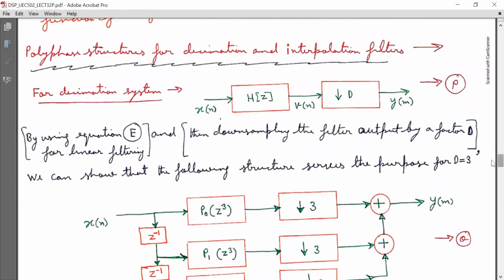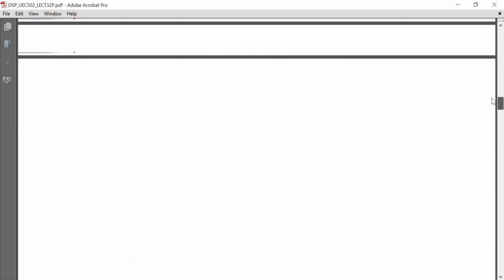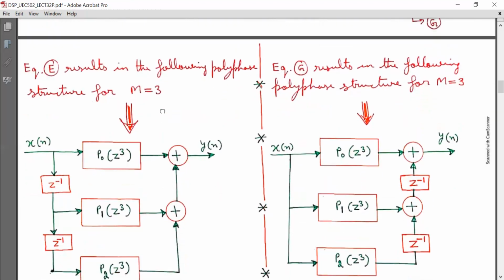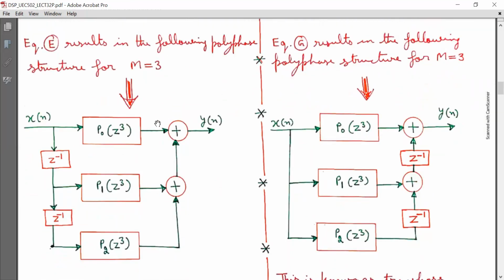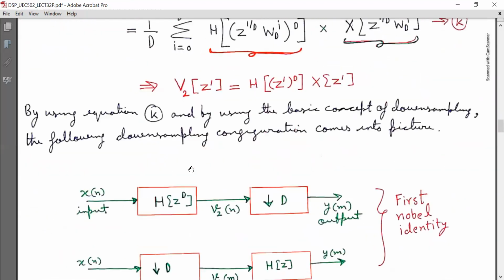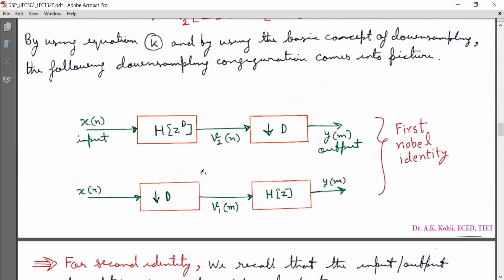Now let's have a look at the first noble identity and equation E. So this is equation E. For M equal to 3, I can express H(z) by using the polyphase structure for M equal to 3, based on equation E. And the first noble identity gives us the opportunity to swap the blocks.